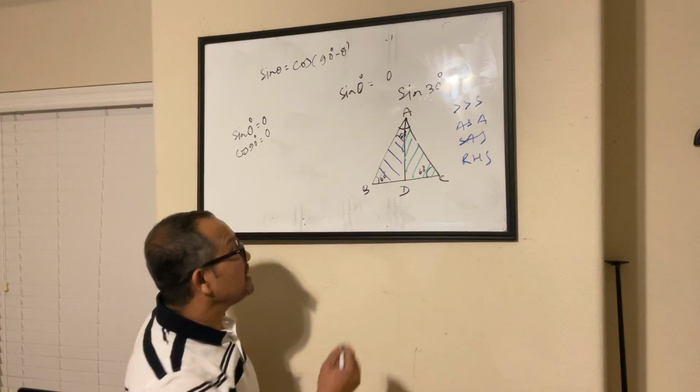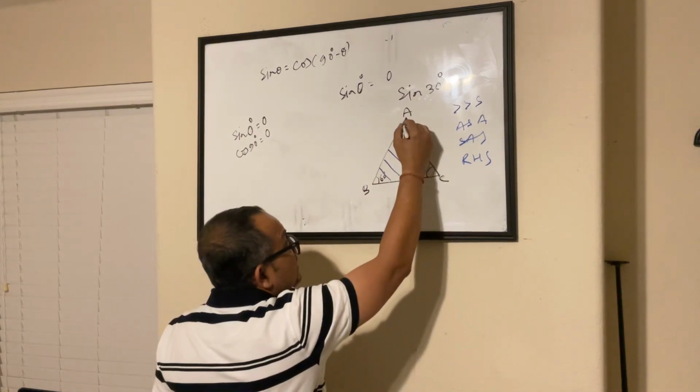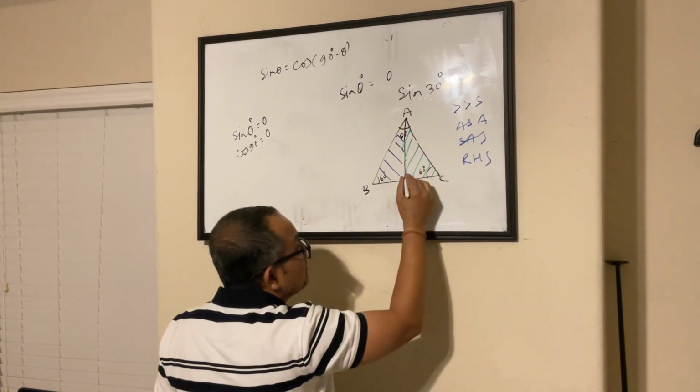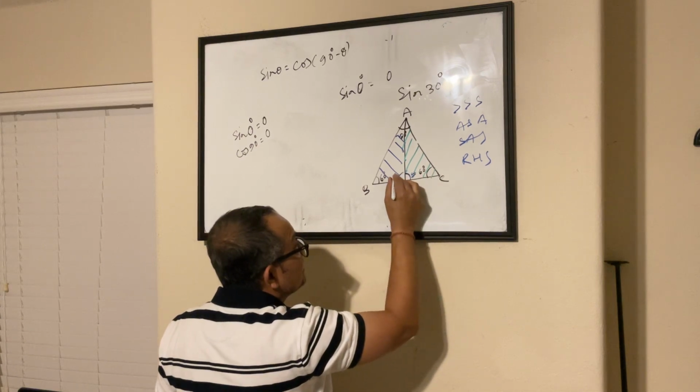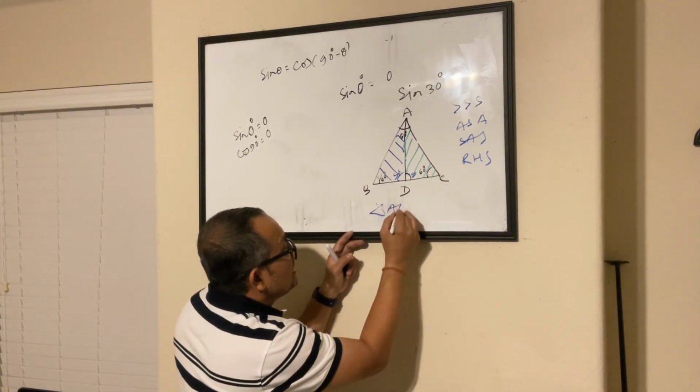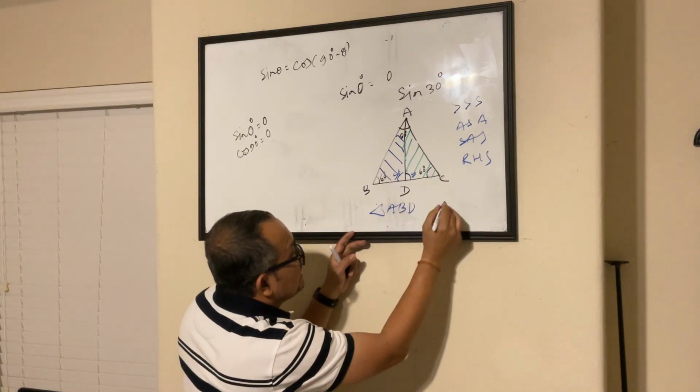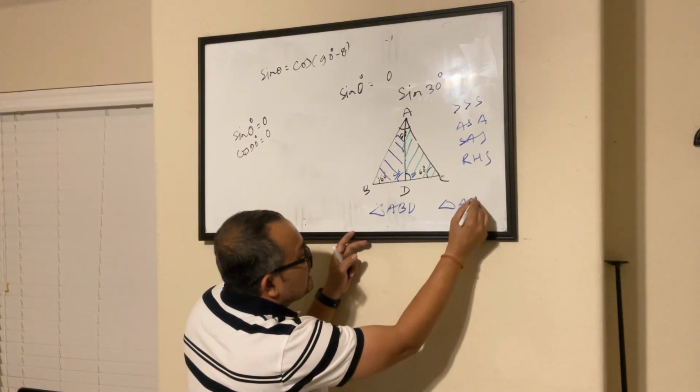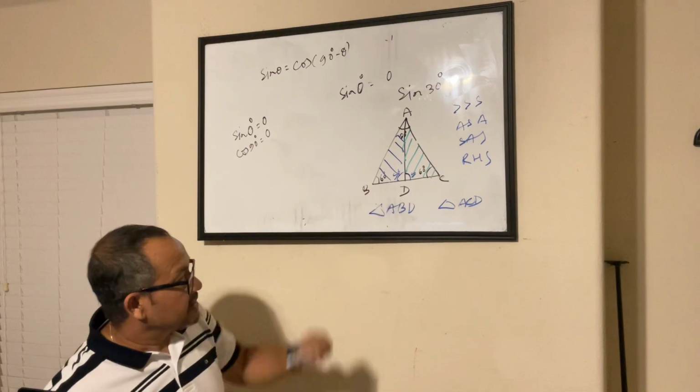So here I had an equilateral triangle, and I dropped a perpendicular from here to here. So this is 90 degree and this is 90 degree. Both triangles we are looking at, ABD and ACD, are right angle triangles.